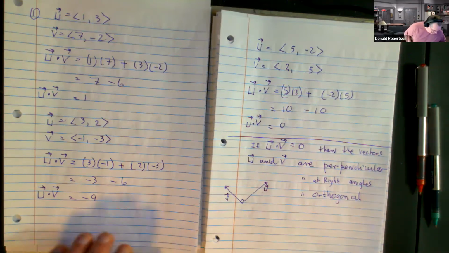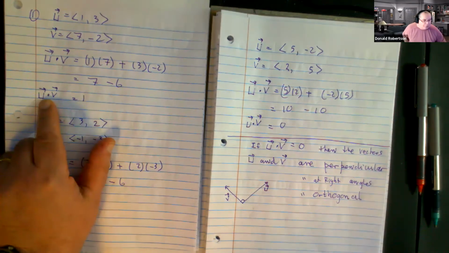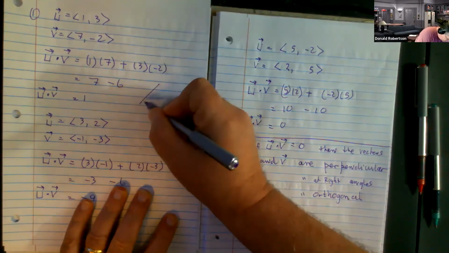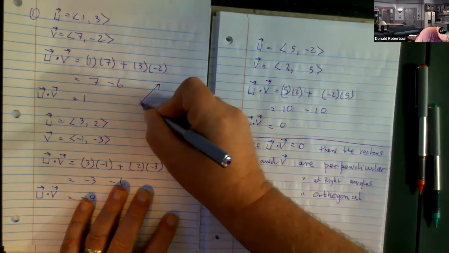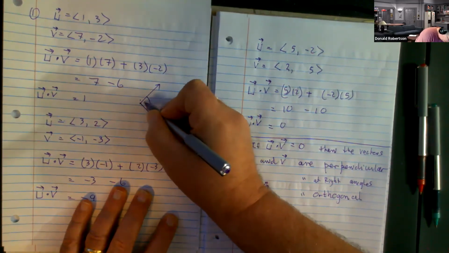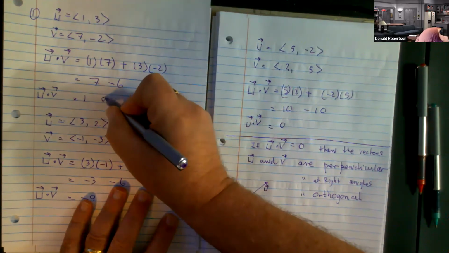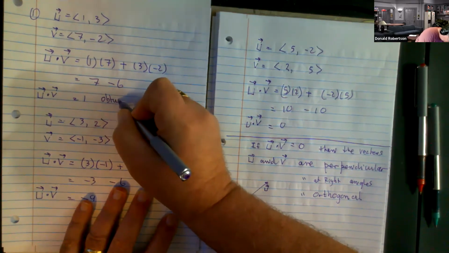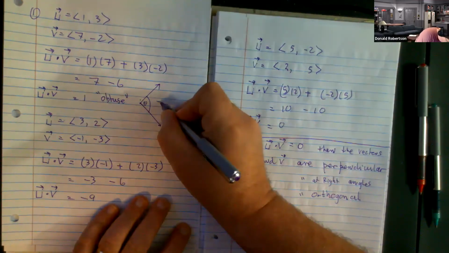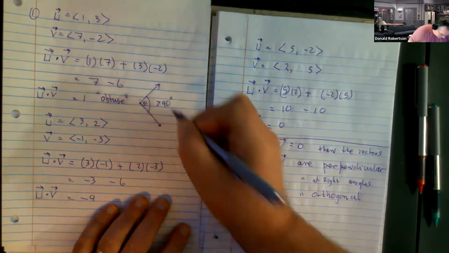Now, if the dot product is a positive number, then the vectors U and V will be obtuse. In other words, the angle between them will be greater than 90 degrees.